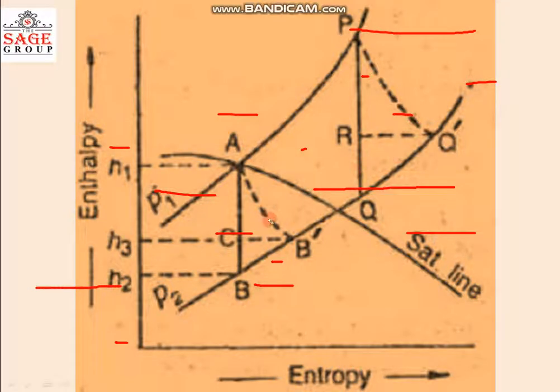It will be clear from this figure or from this curve, the Mollier diagram. So on the vertical axis we are showing the enthalpy, and on the horizontal axis we are showing the entropy. Here you can see there are two pressures, pressure line P1 as well as pressure line P2, and this is known as the saturated vapor line.